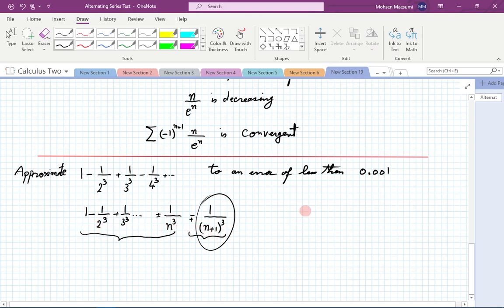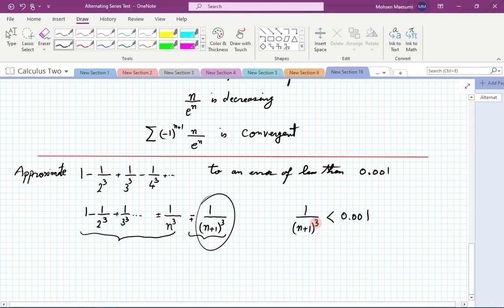So here what I do, I write the next term, 1 over n plus 1 cubed. Say if this one is less than that tolerance you tell me, then by adding these terms I'm making error less than this quantity. Well, how do I solve this inequality?